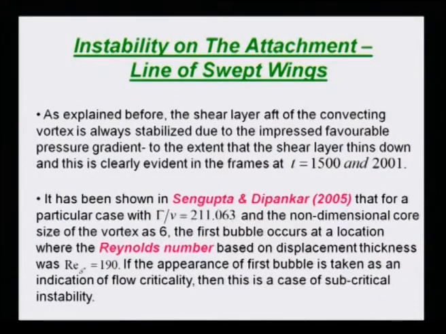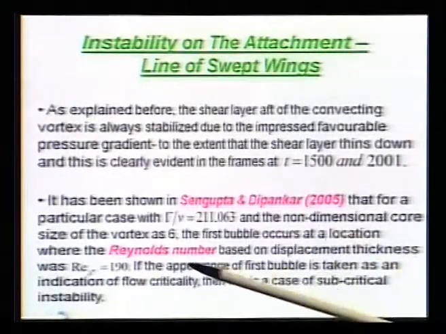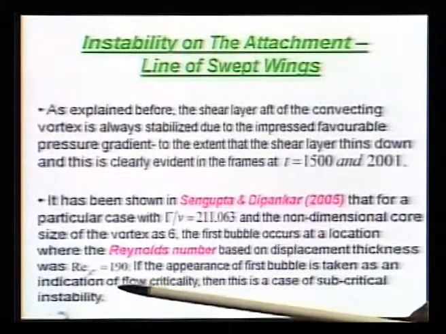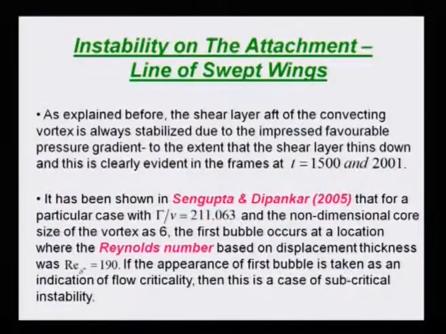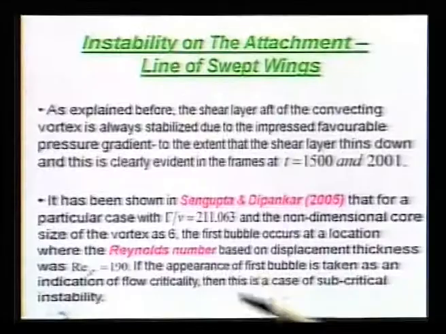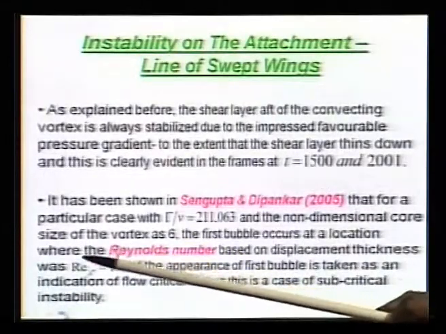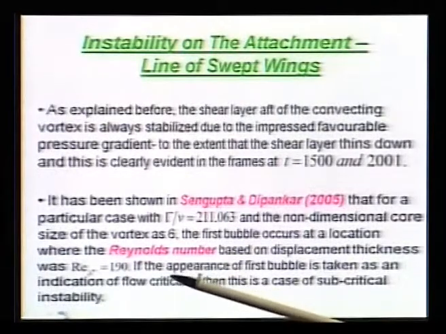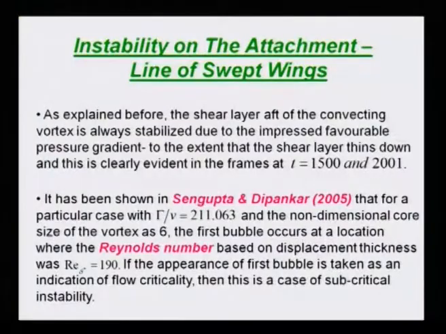The first bubble occurred at a location where the Reynolds number based on the displacement thickness is about 190. So, what was the Re critical? It was noted as 235. So, if I see an instability event occurring at 190, it is obvious that it is a subcritical event, right. So, that is what we are saying. The flow criticality indicates a subcritical instability.